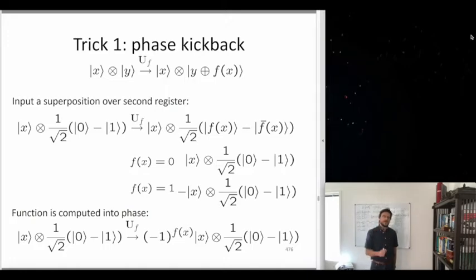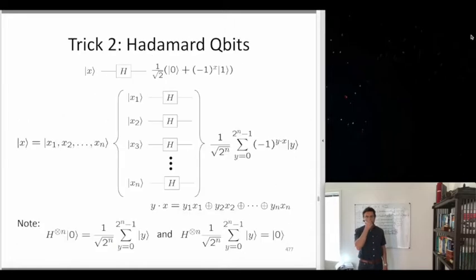If you look at the last line on the slides here, you see after applying the transformation U_f, the unitary of that function, we again have that notation where we say (-1) to the power of that function. So if the function produces 0, f(x) is 0, then the result will be positive phase, okay? This is just a different way of writing it, and we get rid of that bit again.